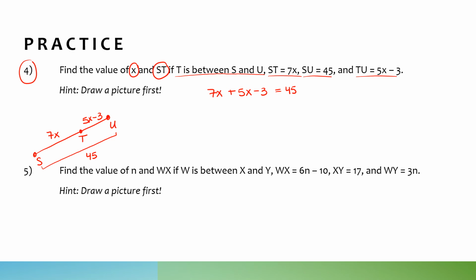And we can solve this multi-step algebra equation. 7x and 5x together are 12x. We can move 3 to the other side to get 12x equals 48. And lastly, divide both sides by 12 to find that x is equal to 4.